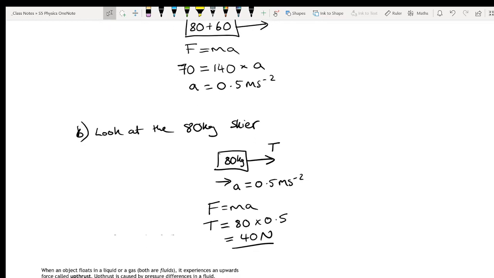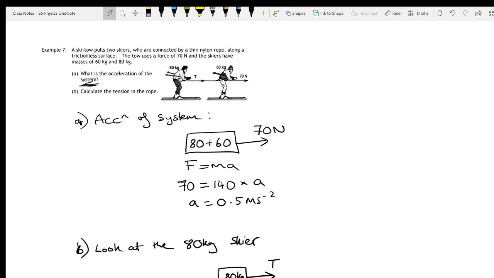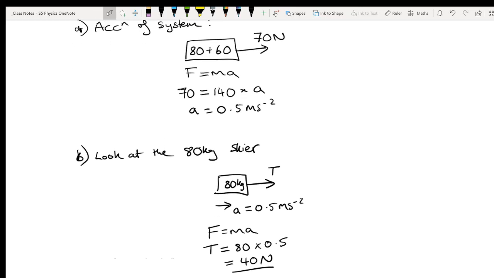Leave it with me a second because I'm trying to think, because you could use it, but you'd have to then incorporate 70 newtons as well. So leave it with me a second and I'll come back and go through that one again because I have to think about that one. Good question. Let me go through the last two examples, then I'll come back and have a go at it.